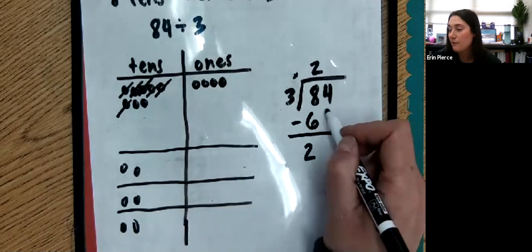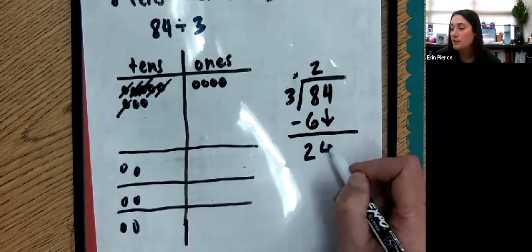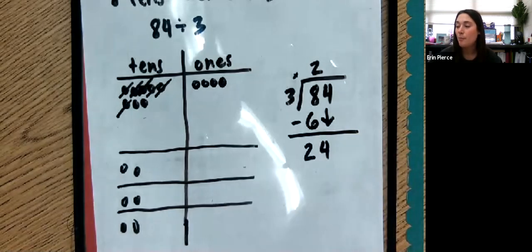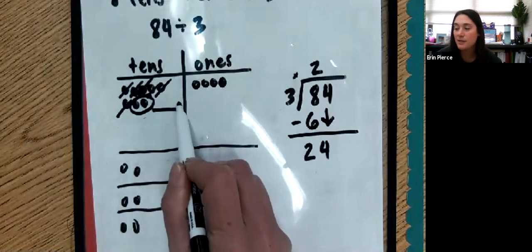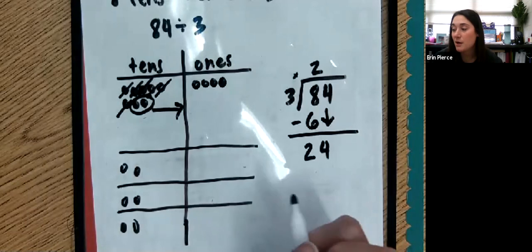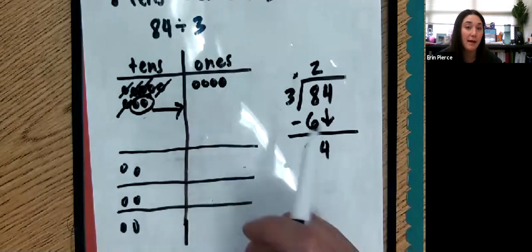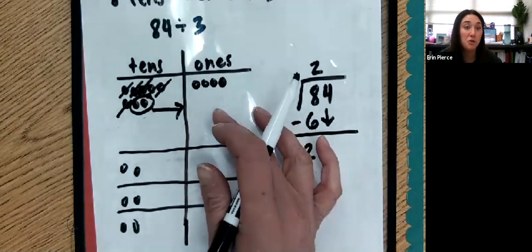I have to bring 4 down because that's what's in my ones. But as Eliza again said that first time, we have to unbundle. So instead of 10 ones, now I have to have, I'm unbundling 2 sets of 10.